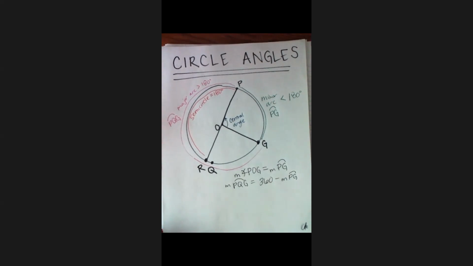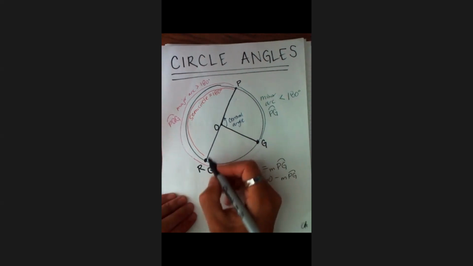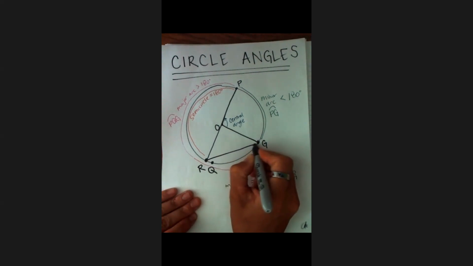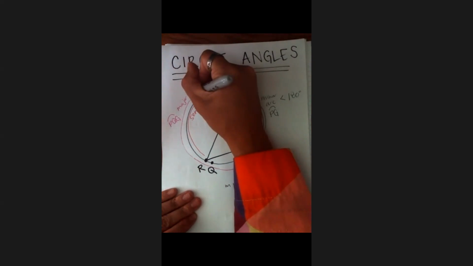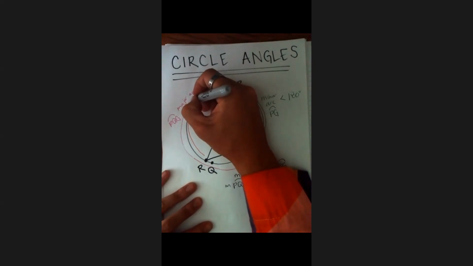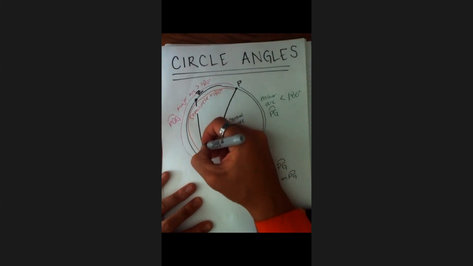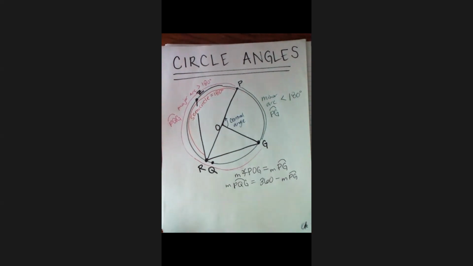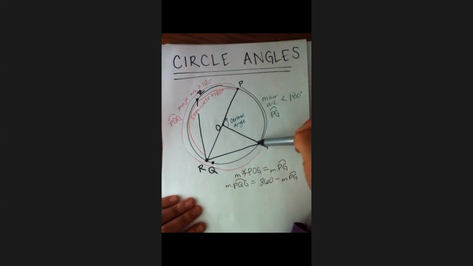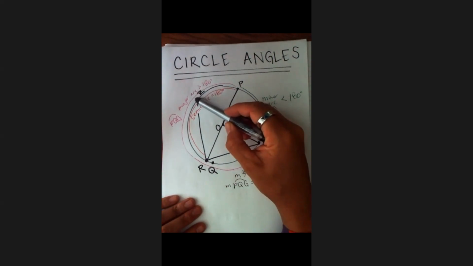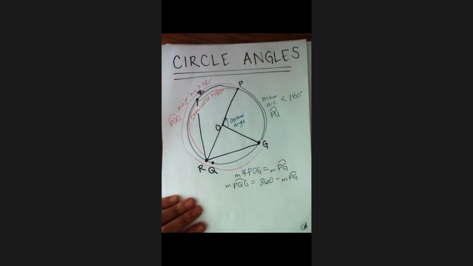One other cool thing that we can talk about with these circles are called inscribed angles. So let's draw a line from R to G, and let's put another point over here. Let's call it Z. And in doing so, we've made an angle that has all of its points on the outside of the circle.